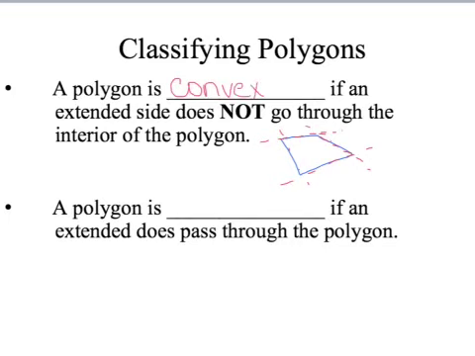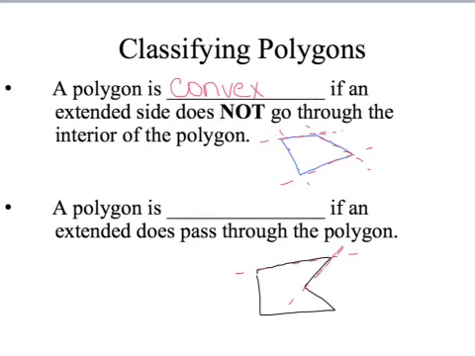If it does pass through the polygon, for instance, something that looks like this, and it doesn't have to be every side, as long as it works for one side, it works for the whole thing. So that side works, that's still convex. But here, watch what happens as I draw a line on that side.